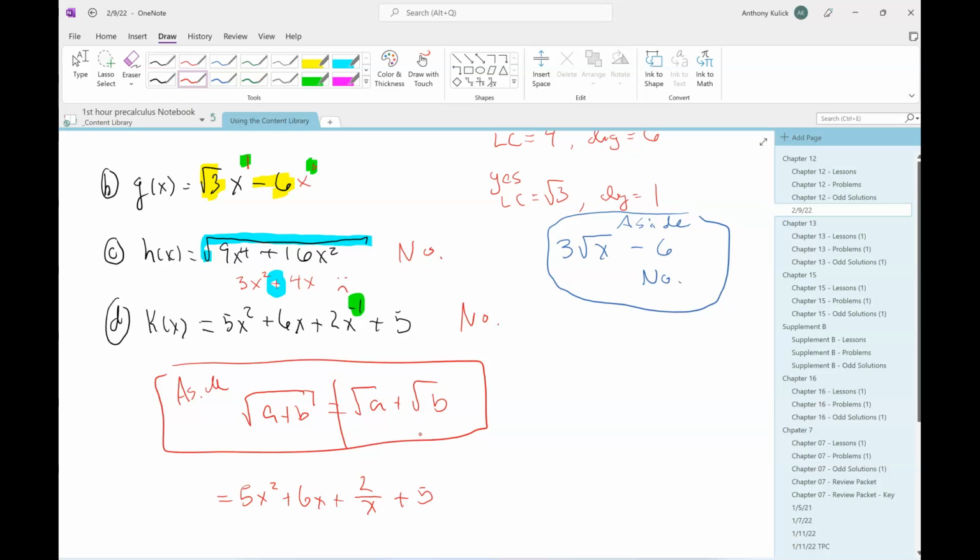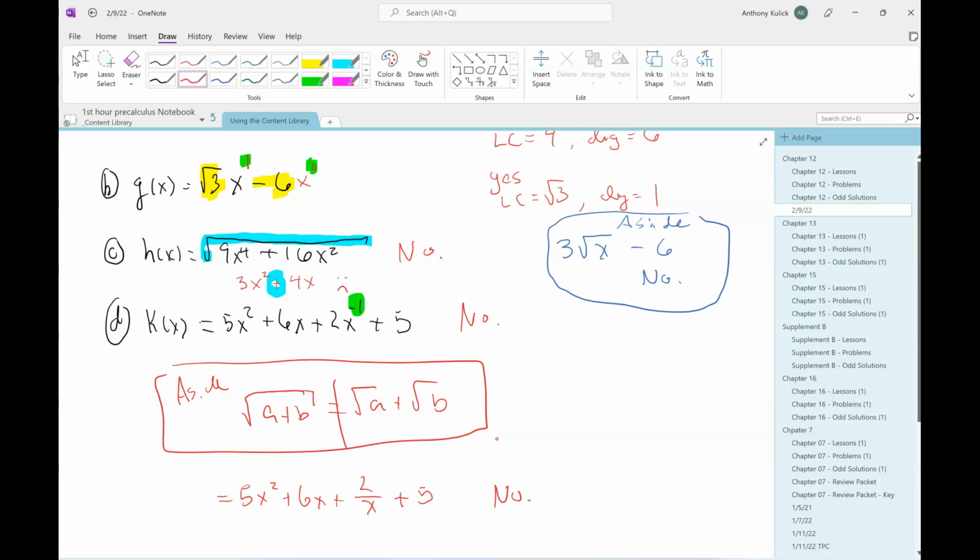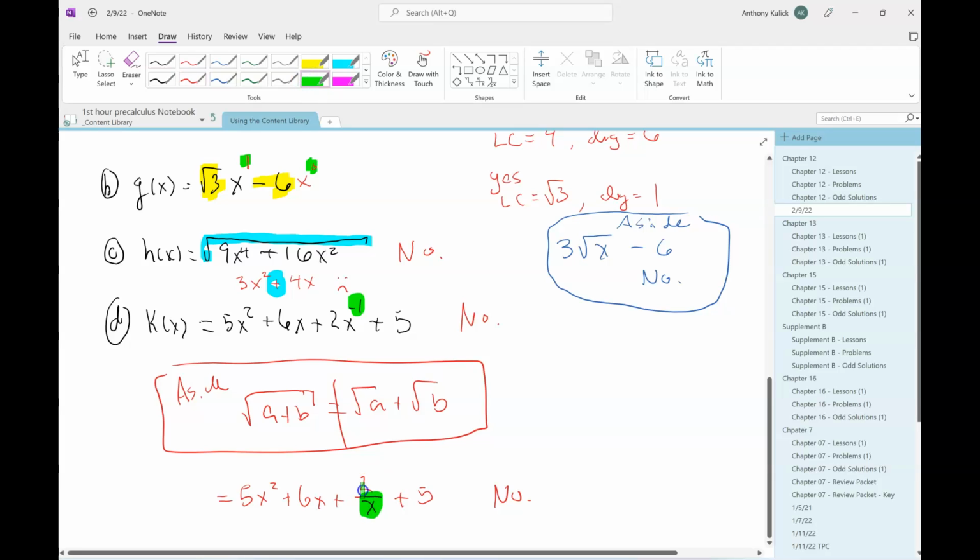The negative exponent just makes a reciprocal. And this is also not a polynomial. What's the issue with this? If I write it this way, I'm dividing by a variable.